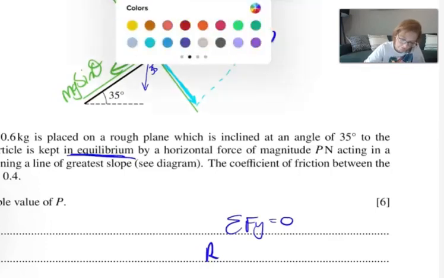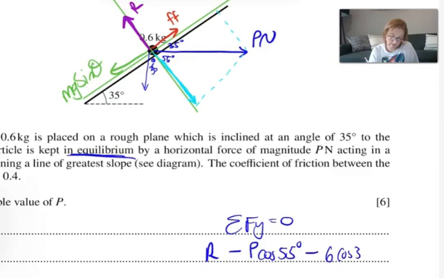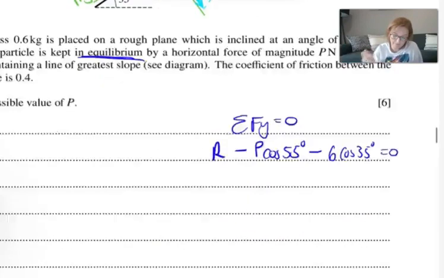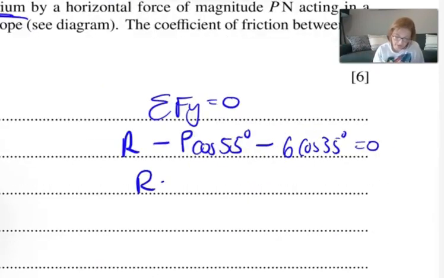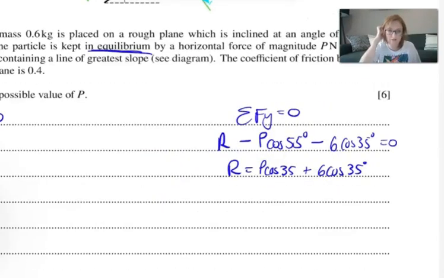So I've got R minus P cos 55, and then also my weight component minus 6 cos 35. That's going to be equal to 0. So my R is basically P cos 55 plus 6 cos 35. I'm going to leave it like that for now.